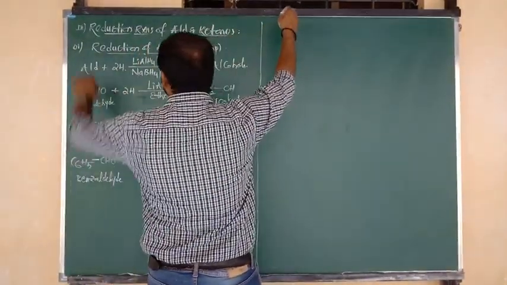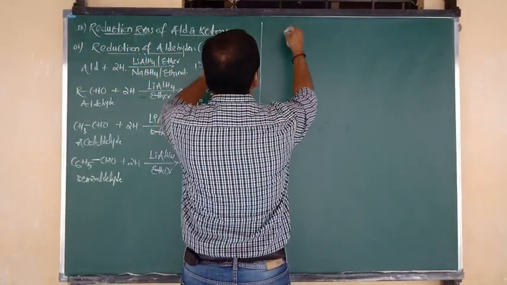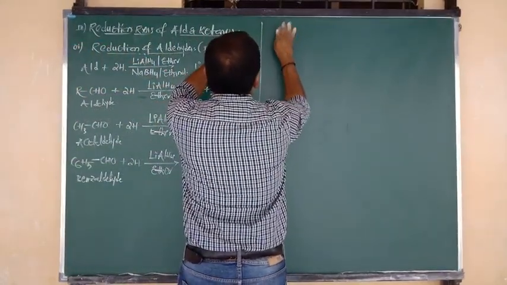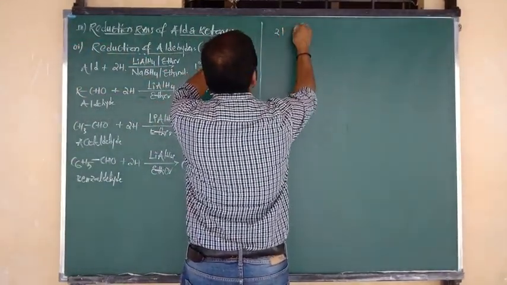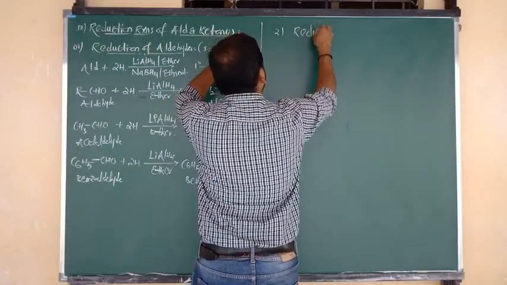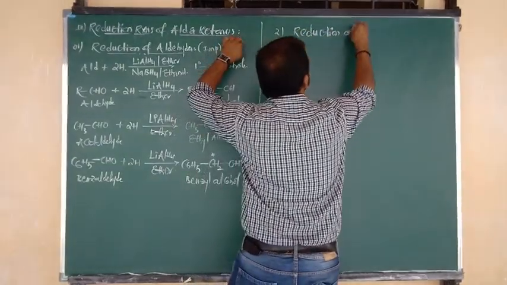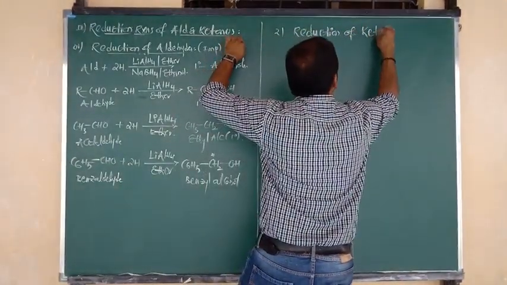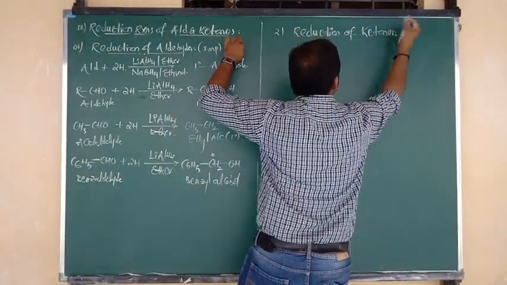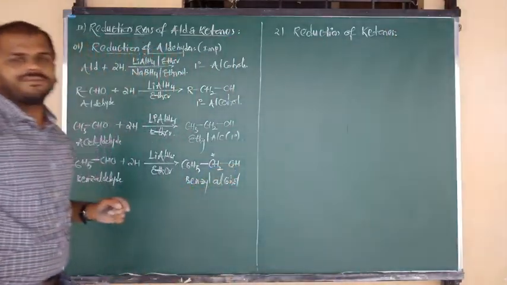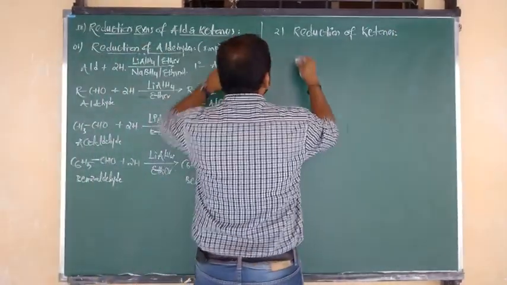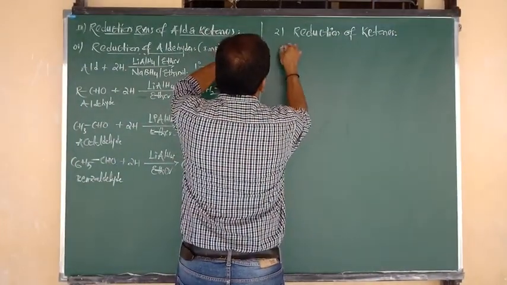Next one, I am going to show you another property. Number 2 reactions, that is the reduction of ketones. The statement you already know very well, but once again I am going to repeat it.